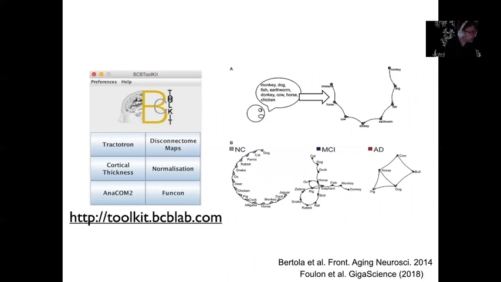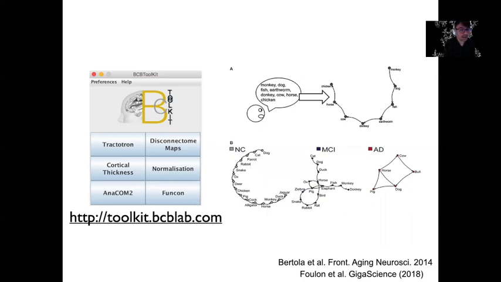You can do that with the Tractotron tool, just by putting the lesion inside the software and running probabilistic analysis. You just need a drawing of the lesion in the reference space that we call MNI.